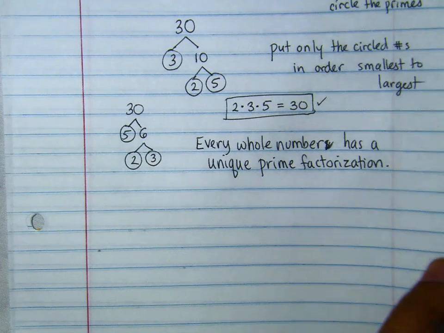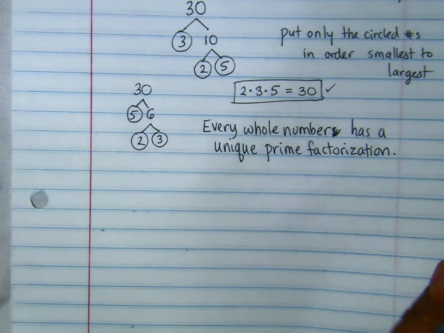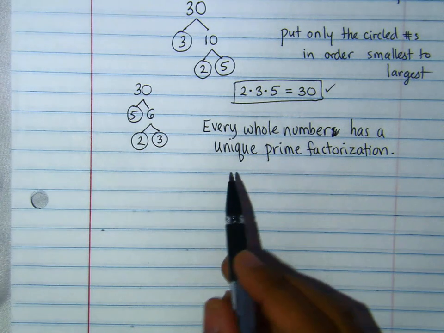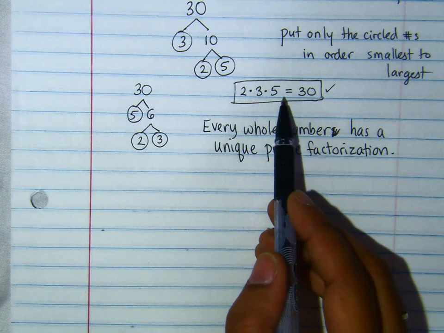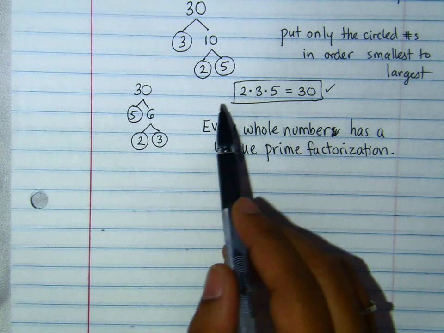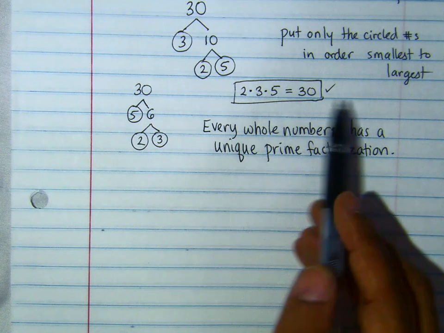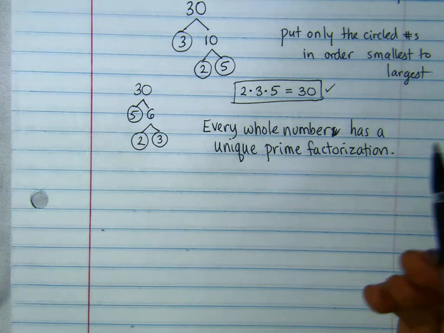Technically 1 doesn't because 1's too small, but starting at 2 actually. So the prime factorization will either be different prime numbers multiplied together, or if there's only one of them, that only happens if it already is a prime number.